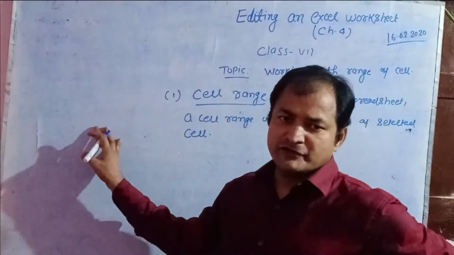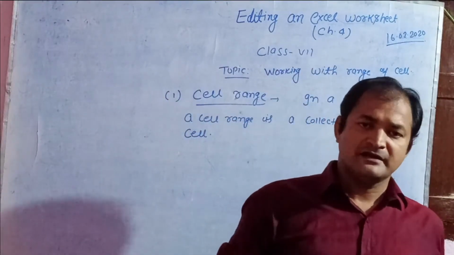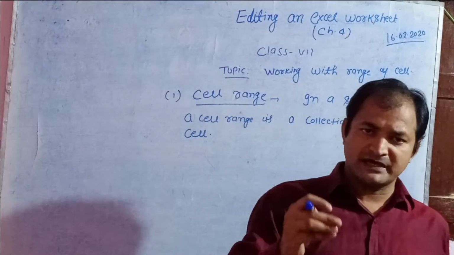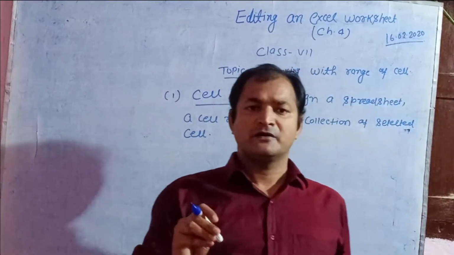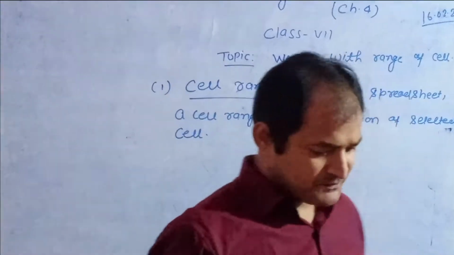How many cells did you select? Suppose you selected 5, 6, and there are so many such cells selected. They are used a lot in Excel. So this is the cell range.